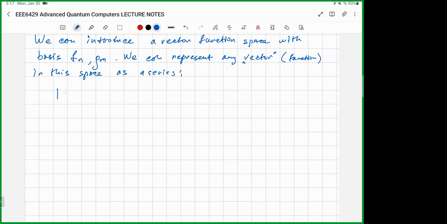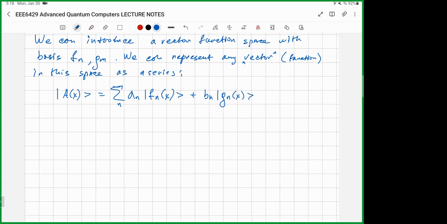Let's say a function a of x is equal to the sum with some coefficients an, bn: an times fn of x plus bn times gn of x.